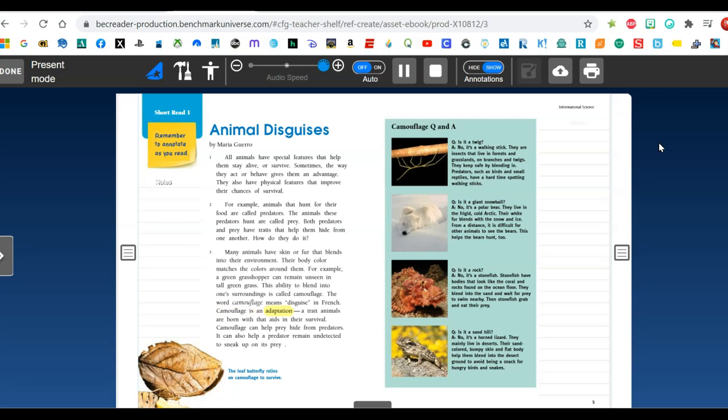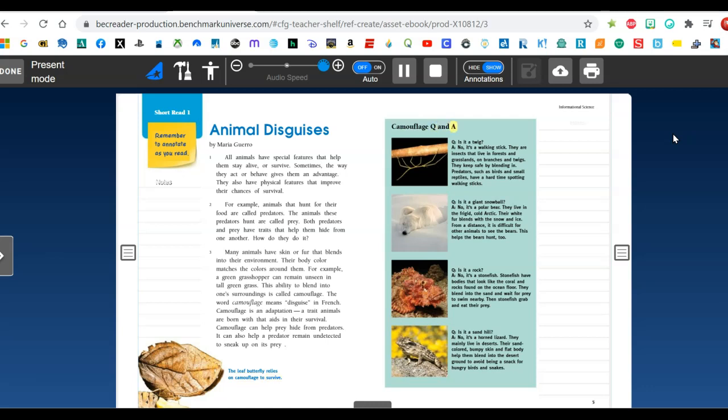Camouflage is an adaptation, a trait animals are born with that aids in their survival. Camouflage can help prey hide from predators. It can also help a predator remain undetected to sneak up on its prey. The leaf butterfly relies on camouflage to survive.